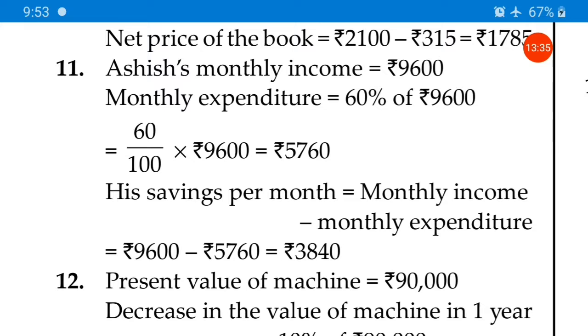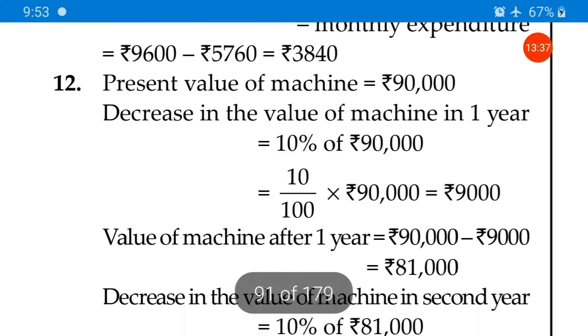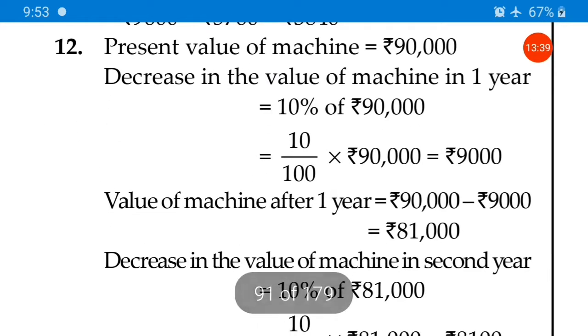Question number 12. The value of a machine depreciates every year by 10%. If its present value is rupees 90,000, what will be its value after 2 years?